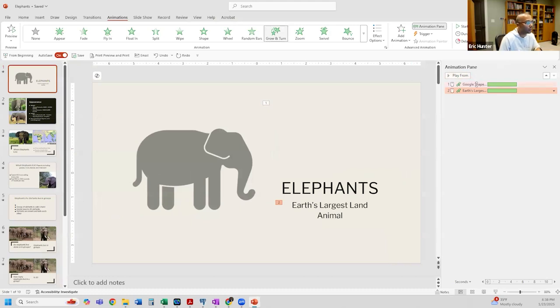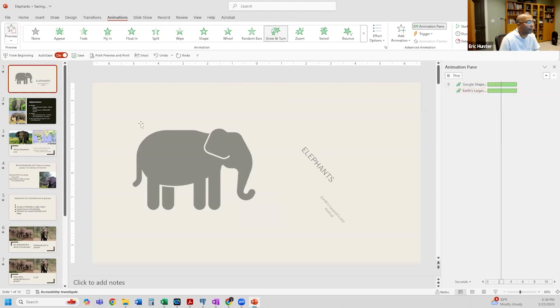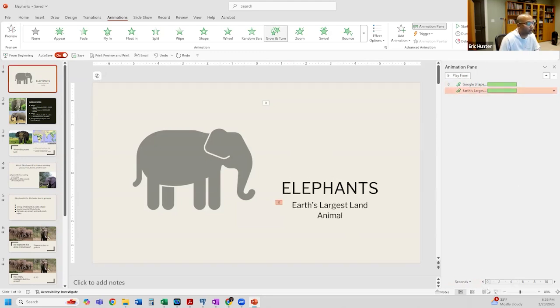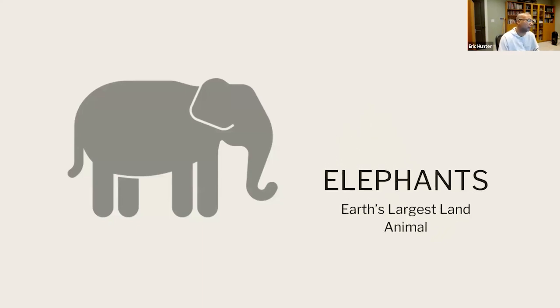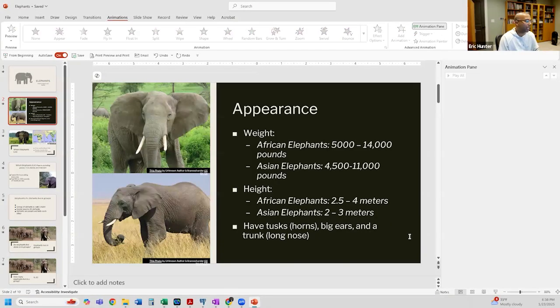So I want to do with previous, and I'm going to do with previous. Let's see what we get. And then they both come in nice and neat like that. Boom. And they come in really nicely there, right?